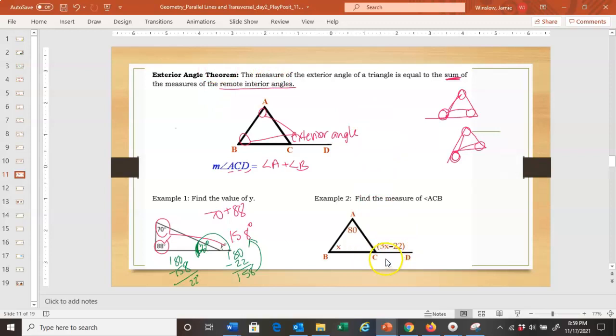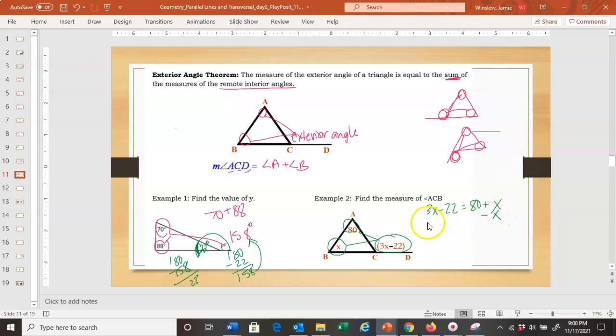Okay. Now, in this case, we couldn't use this technique because we only know one angle measure. So let's use the exterior angle theorem. We know the outside angle equals the two across from it added together. So 3x minus 22 equals 80 plus x. Now let's solve for x.